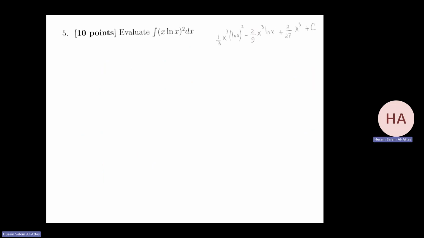Evaluate this: x ln x all squared. What I will do, I will start with this as u, and dv will be dx. So du will be 2x ln x times the derivative of this, which is what?